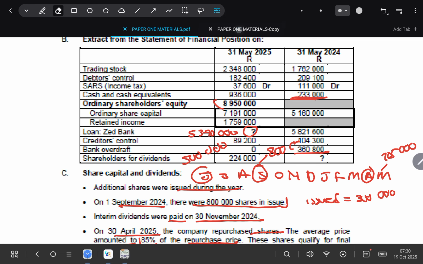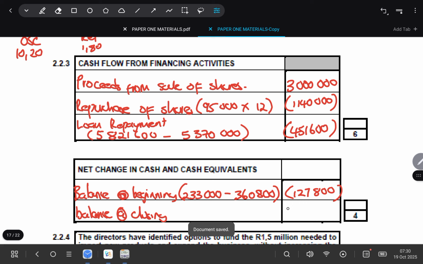We'll write that here. Then from the bottom you go up, and remember, if you are moving from bottom up, you change the sign. This is plus.